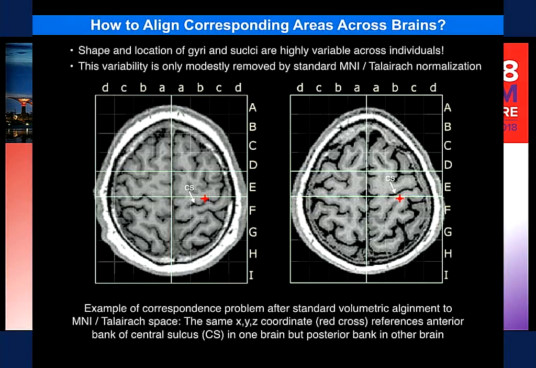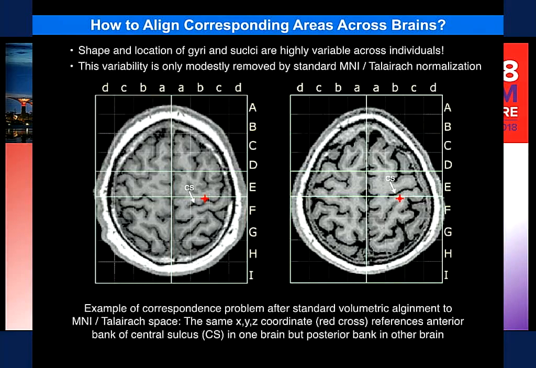For example, here we see that if we use a standard volumetric alignment, here in Talairach space, then the same coordinate, this red cross here in two different brains, is in the anterior bank of the central sulcus in one brain, and in the posterior bank in the other. So although it's the same coordinate, it references different regions at the macro-anatomical level in the two brains.